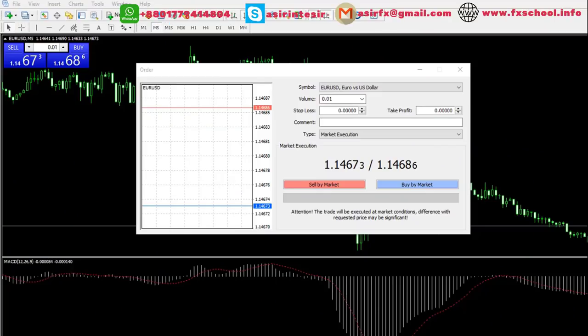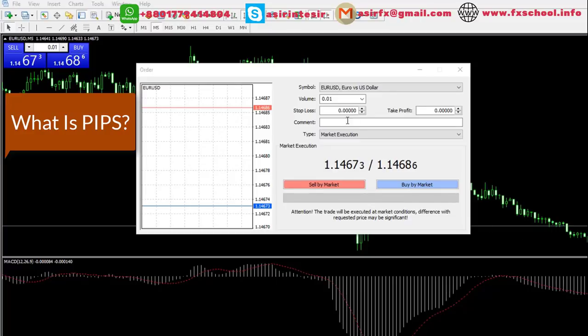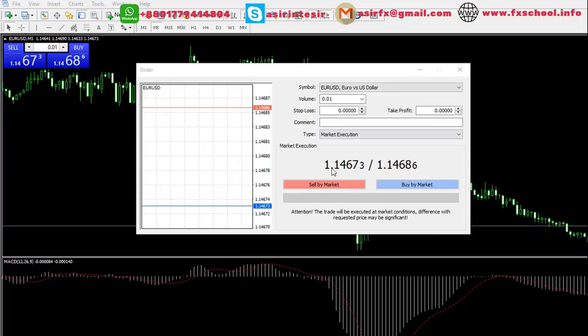Now I'm showing you what is the pip and what is the pips. Okay, so you can see that there is a price of the euro USD. After the 1 there are 5 digits, so this is 5 decimals. Okay, so the last one is not important, so you have to forget about the last digit.